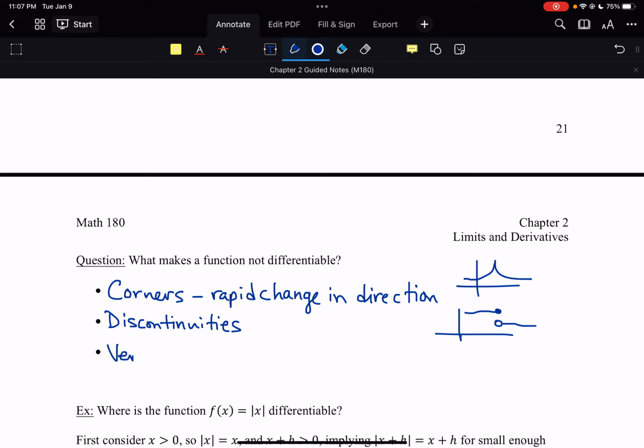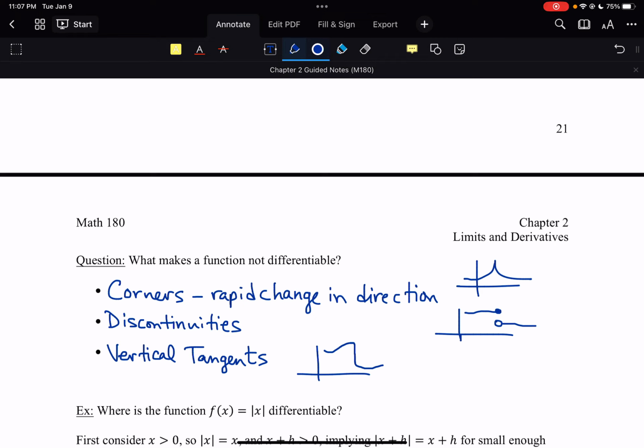And lastly, vertical tangents. So if you have a graph that's going like this and it just drops straight down like that, it would not be differentiable here where the slope is perfectly vertical.